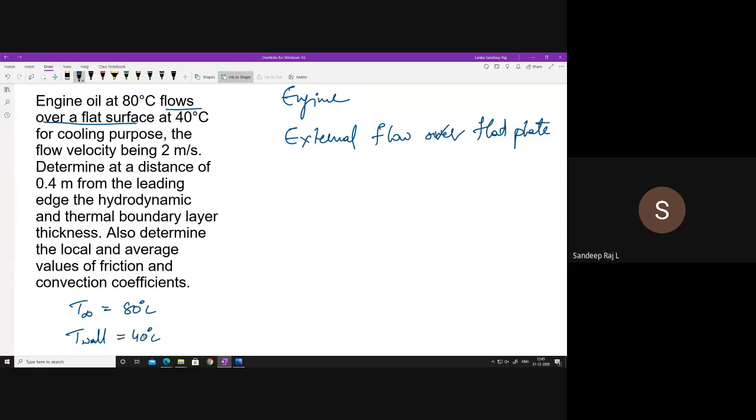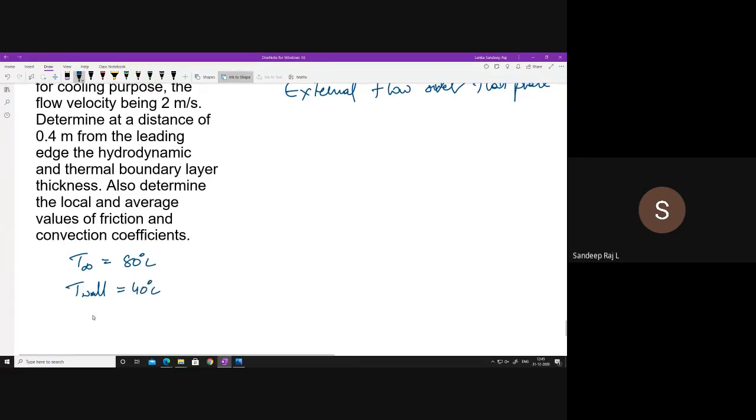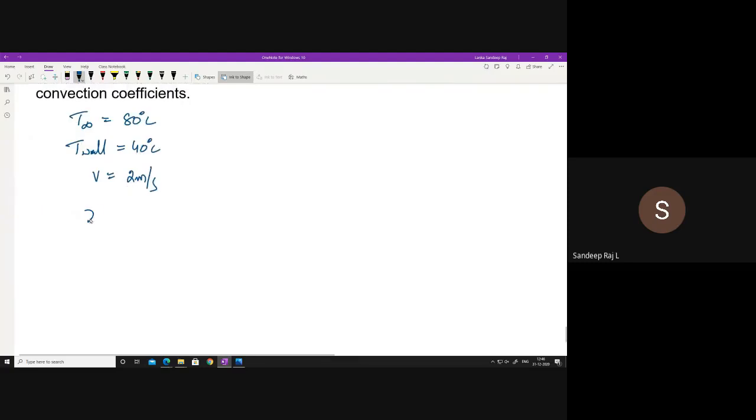The velocity is given as 2 meters per second, and determine, at a distance of 0.4 meter from the leading edge, the hydrodynamic and thermal boundary layer thickness. What he's giving you is x, and this x is 0.4 meter.